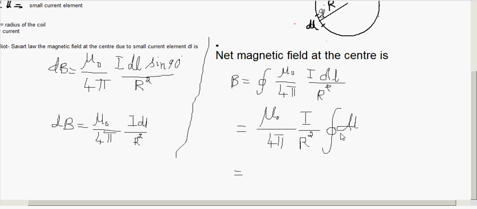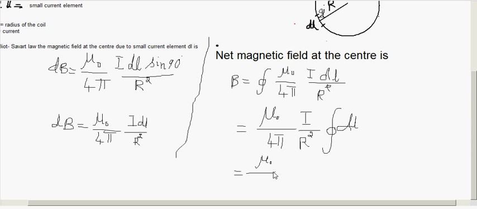This integration of dl over the circumference is nothing but 2 pi r. When you add all the small elements dl, you get the total circumference of the circle, which is equal to 2 pi r.